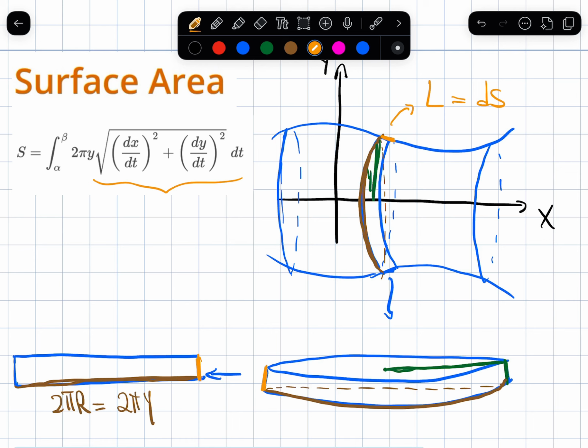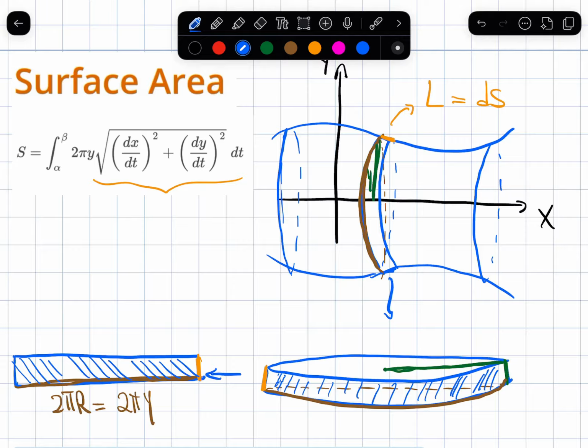And so this is where the formula comes from. As you multiply these two, you get the area of this rectangle, base times width, which is the same as the area of each little cylinder, that as you add together becomes the integral that you see in front of you.